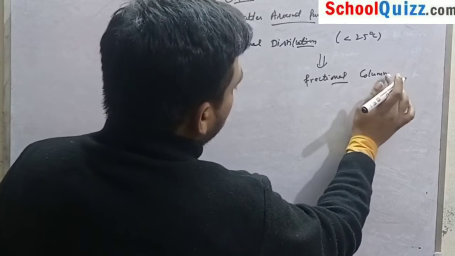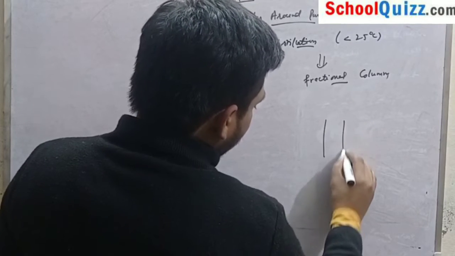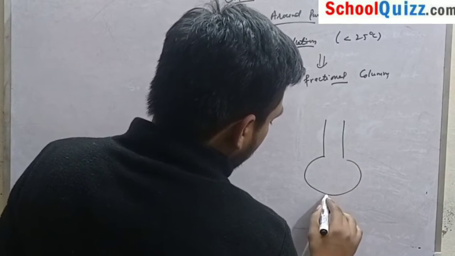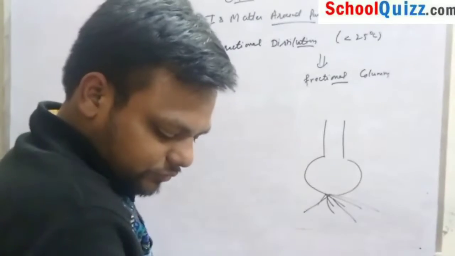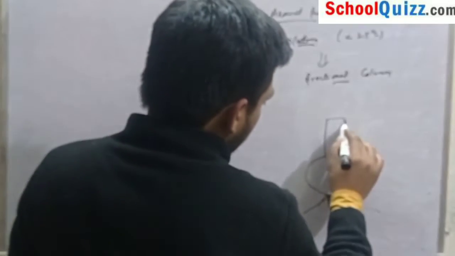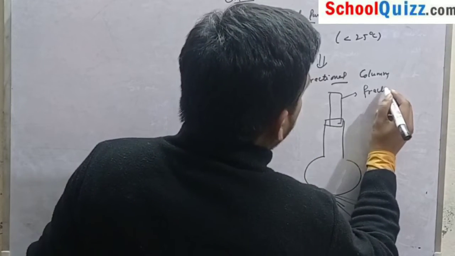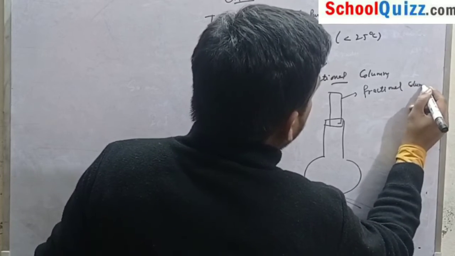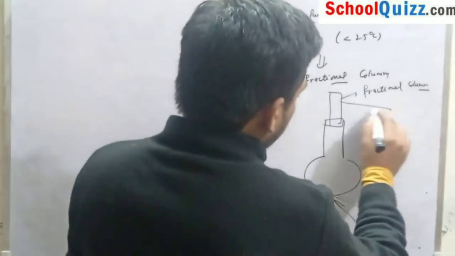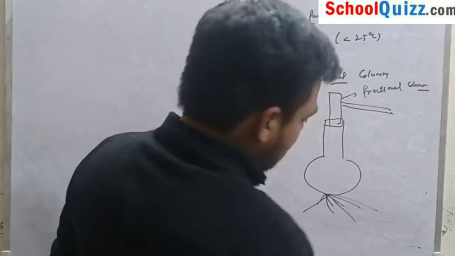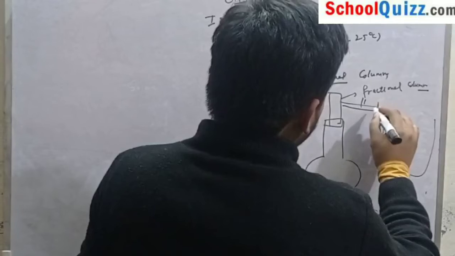Like if we take a mixture and we will provide heat from the bottom, and we will place a fractional column here in which beads are there, and then there is a condenser, and here is a beaker.